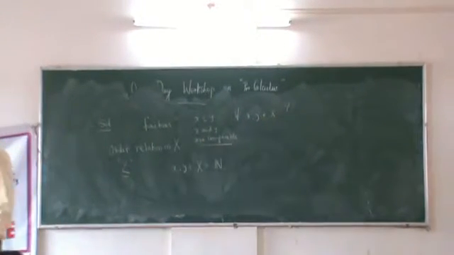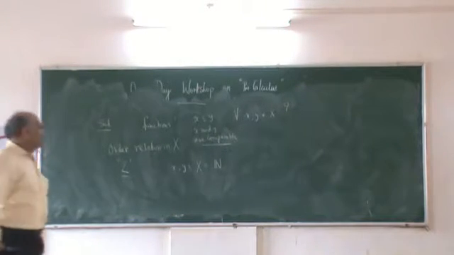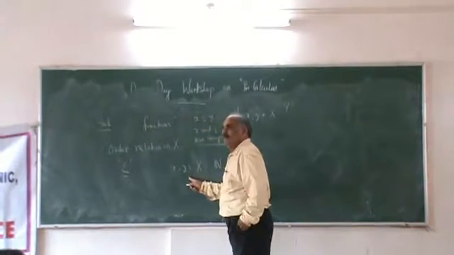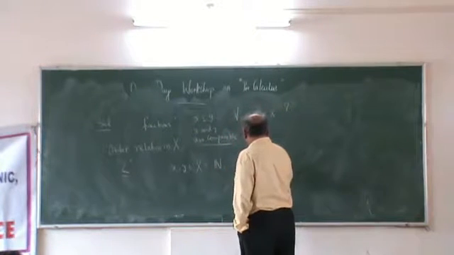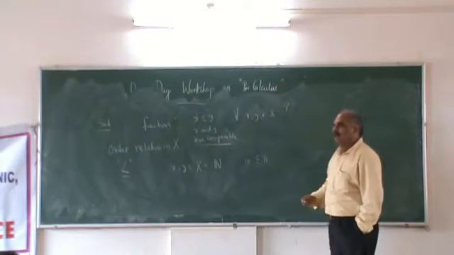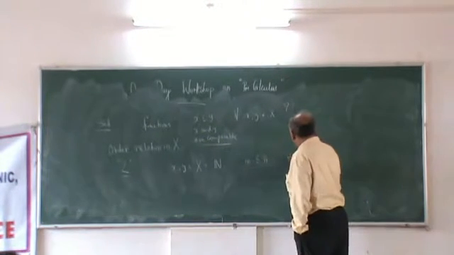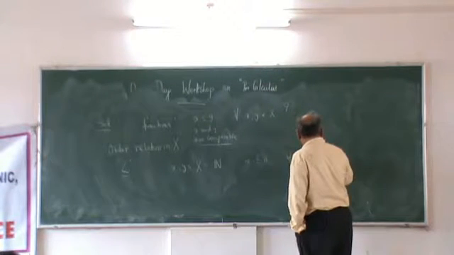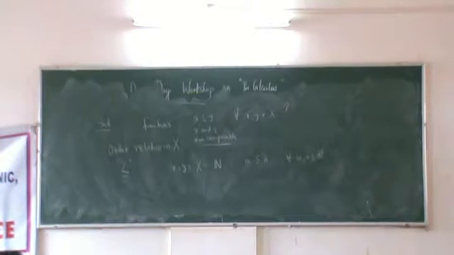If it happens, fine. Otherwise, we will have to think. For example, I take my X, Y as two natural numbers, M and N, and then I say that M is less than or equal to N, for all M, N. I am setting some order for all M, N. This will happen.